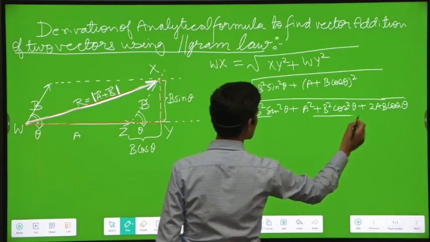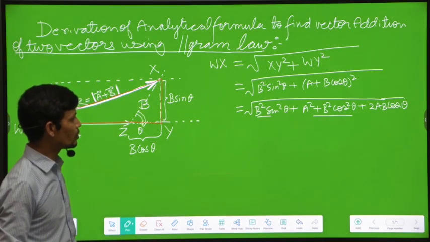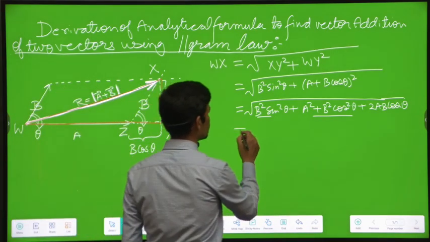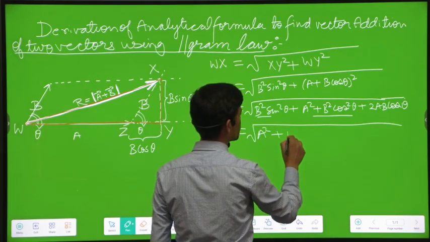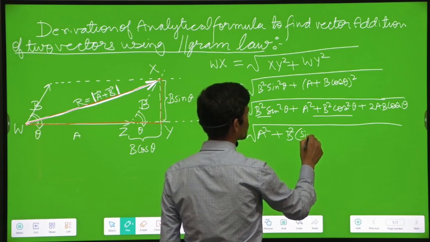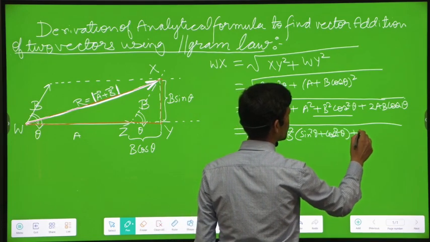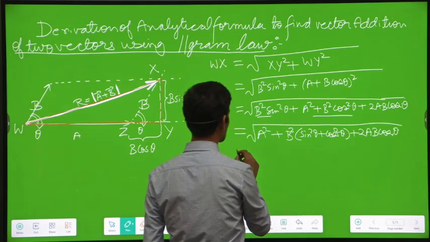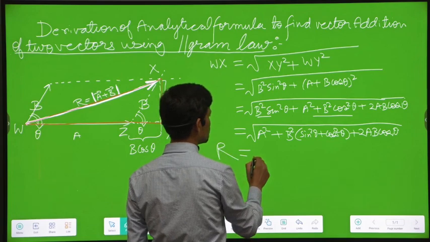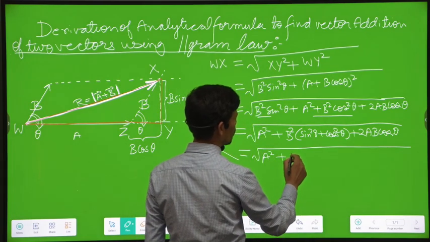If we take B square common from both of them, that will be A square plus B square (sine square theta plus cos square theta) plus 2AB cos theta. So the resultant will be this, which is what the formula was.